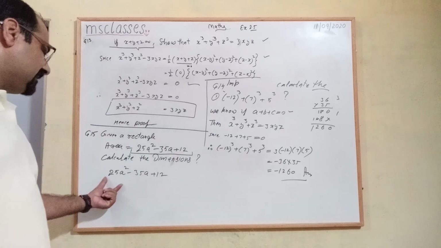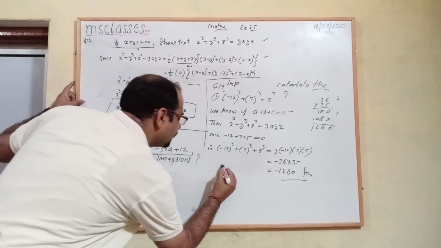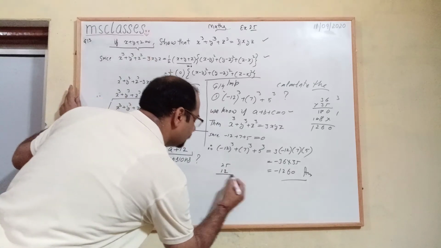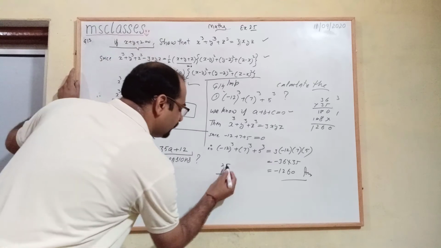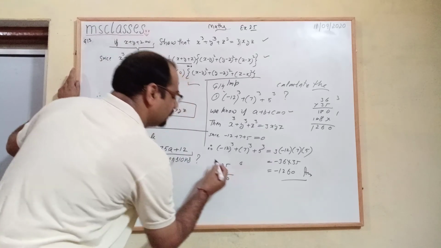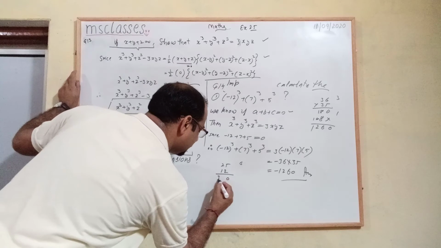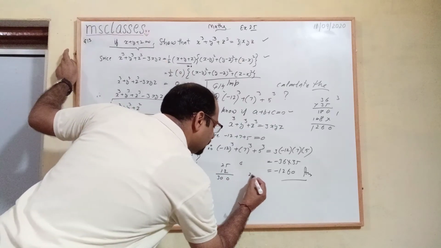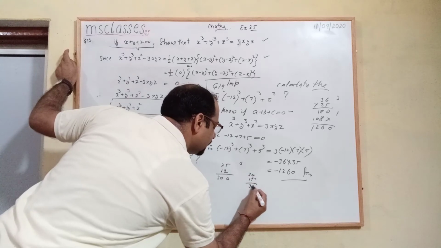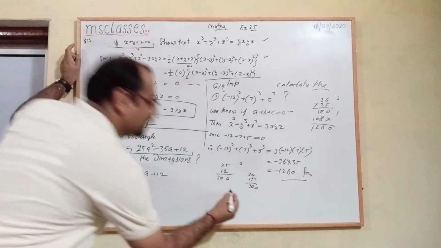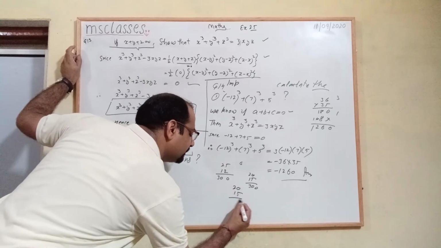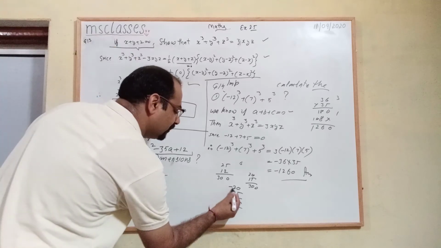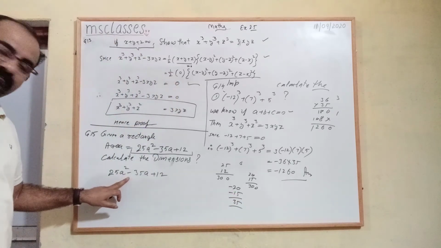Guys, you know your first step is multiplying the coefficient of a square with the constant term, and this is equal to 300. So if we multiply 20 into 15, it gives 300, and the addition of these two gives 35. So guys, you need minus 35, so both will be negative.